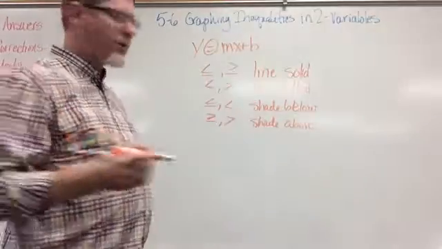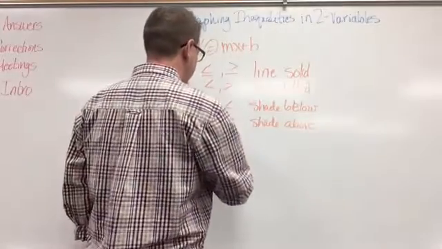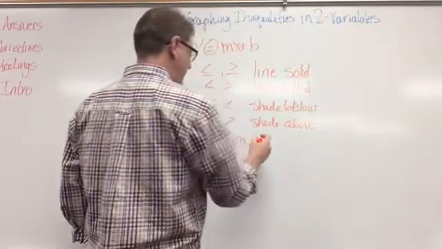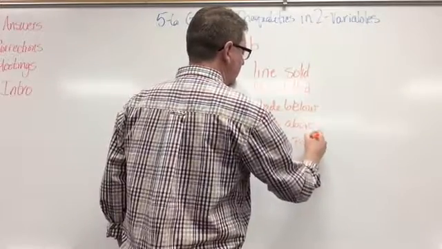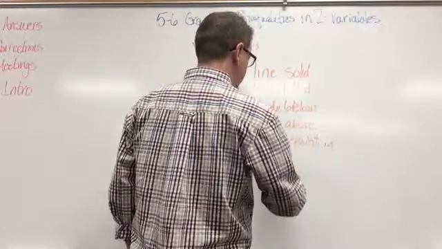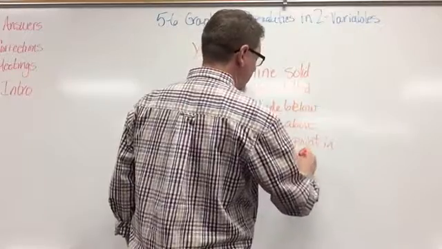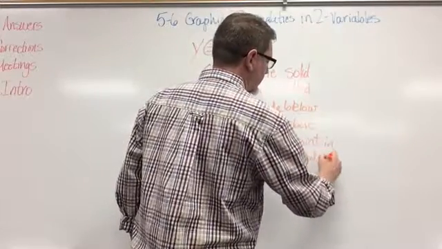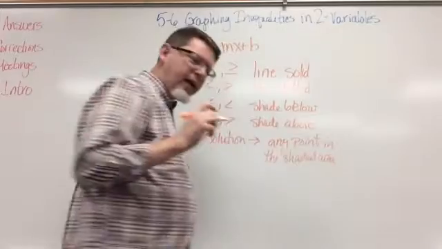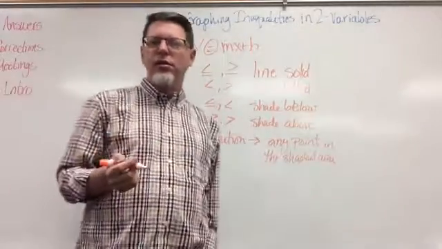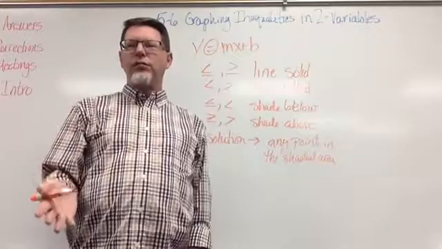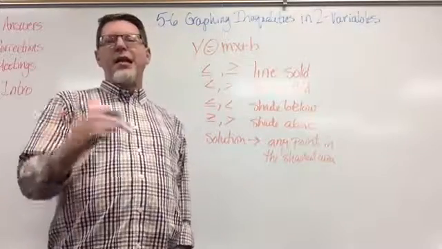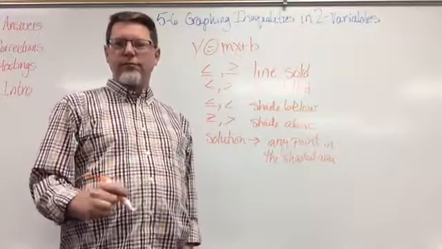And one of the most important things is a solution is any point in the shaded area. Any point in the shaded area can be a solution to the inequality. Okay? Those are the pointers, those are the hints, those are the things that we need to remain aware of, and now we're going to graph a couple.